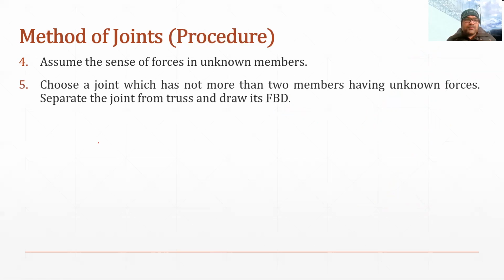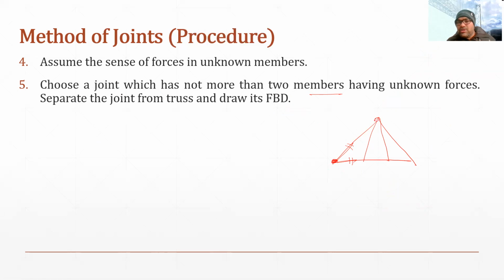In the fifth step, it says choose a joint which has not more than two unknown members. In a truss, we will choose first that joint which has two unknown members. Say this is a truss. I can choose this joint because two members are connecting here, and both are unknown.